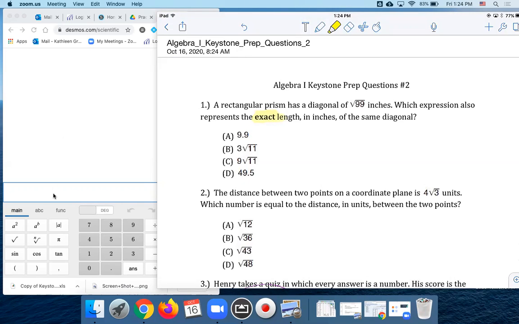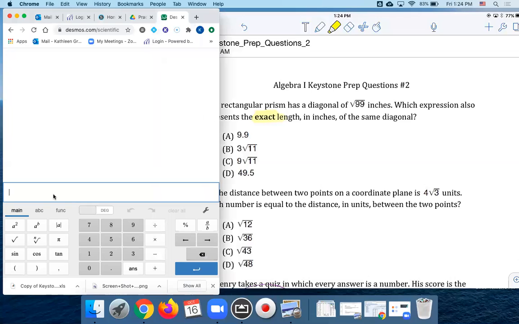So what we're going to do first is, I'm in Desmos scientific calculator and I'm going to do my square root of 99. So you see this answer pop up. I'm going to do the down arrow so that I can still see that decimal right there. So first off, letter A is out of the picture because it is 9.9.